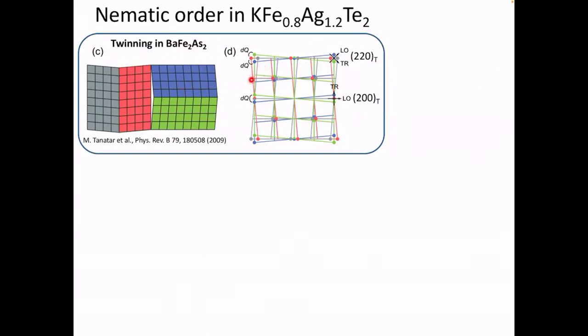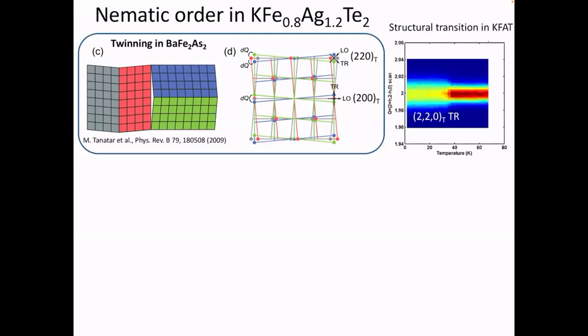When you look at the diffraction pattern in the ab plane, depending on where you measure, you have quite different patterns in reciprocal space. For example, at 220 you have these 4 peaks organized this way, whereas at 200 you have 3 peaks organized like this. So they're quite different.